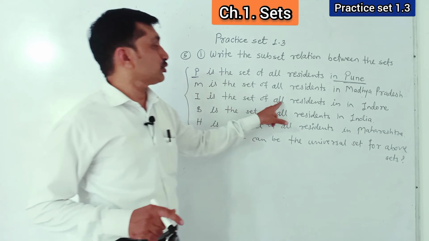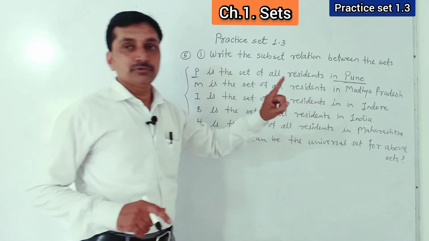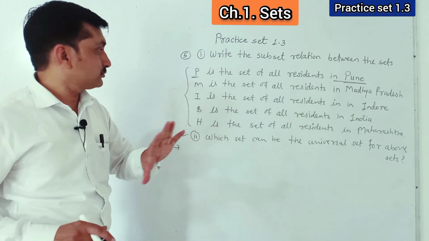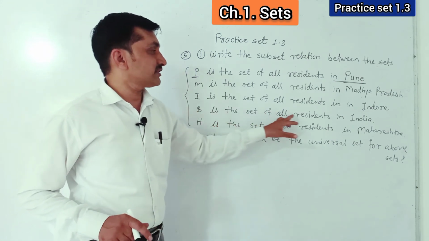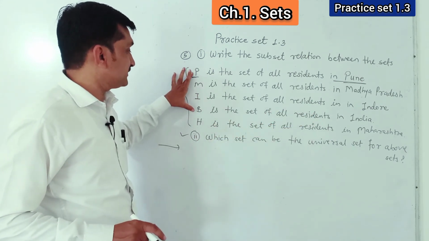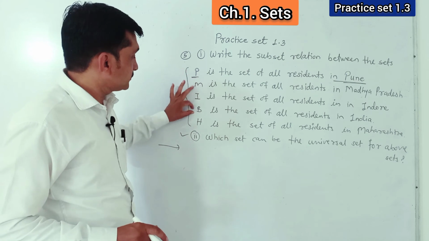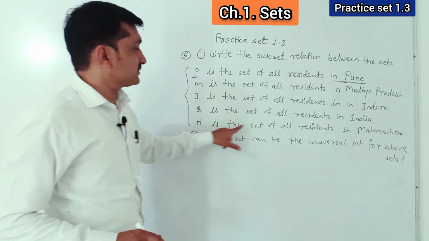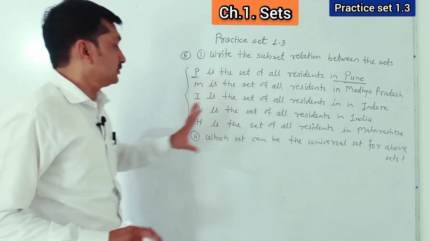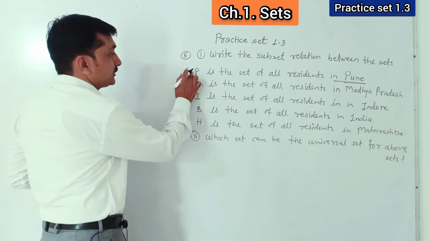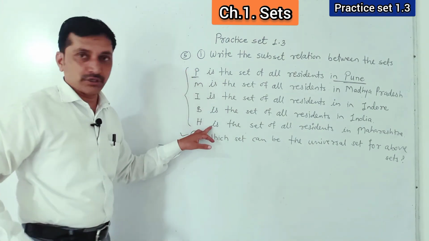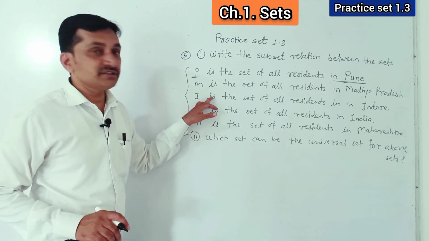I is the set of all residents in Indore. Now Pune is not in Indore either. B is the set of all residents in India. Now Pune is in India, right? And here H is the set of all residents in Maharashtra. Now you see Pune is in Maharashtra and Maharashtra is in India.